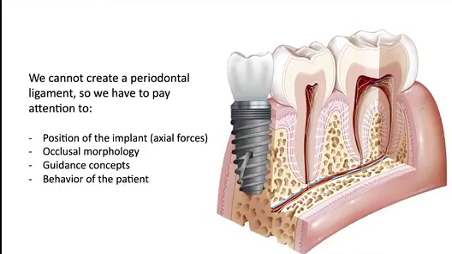We cannot create a periodontal ligament. So we have to pay attention to the position of the implant concerning the axial forces, the direction of the force. Pay attention to occlusal morphology, guidance concept, and behavior of the patient. It is the objective of this presentation.